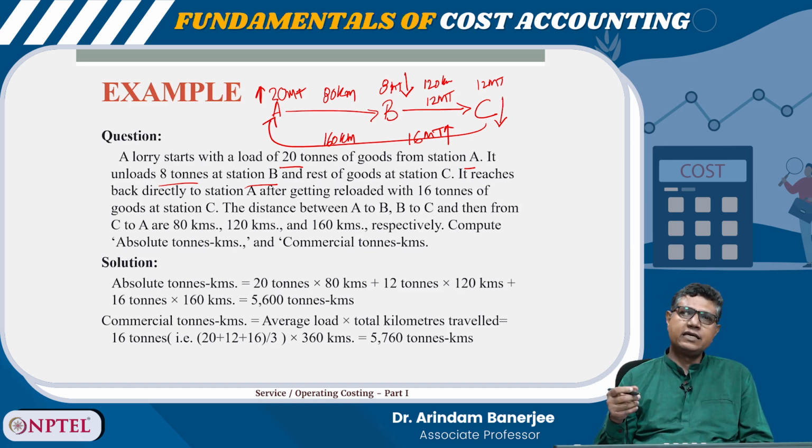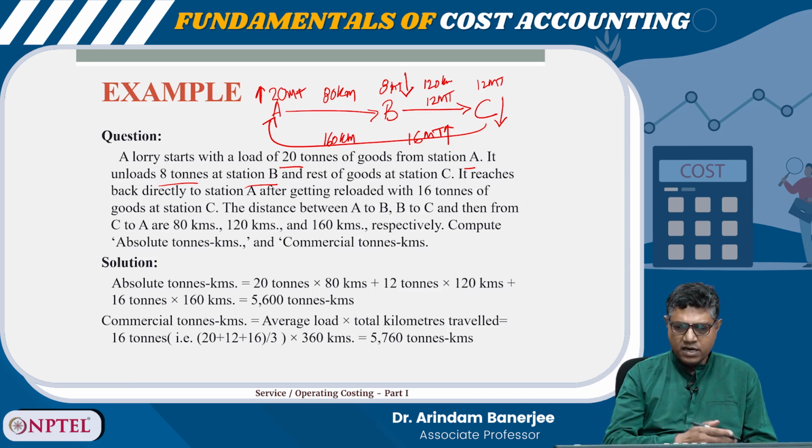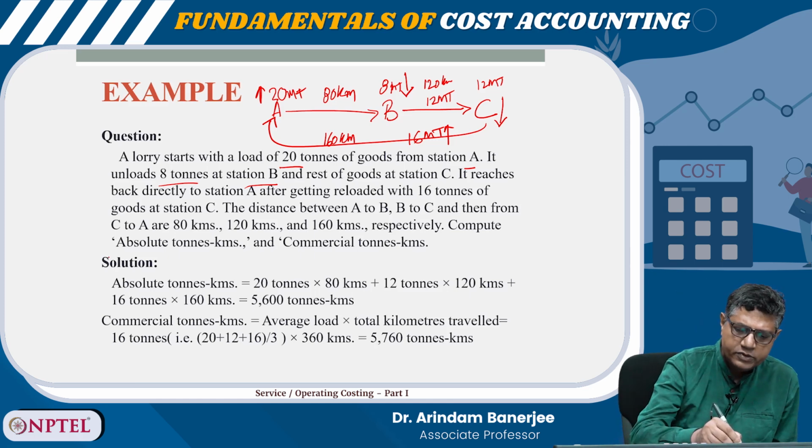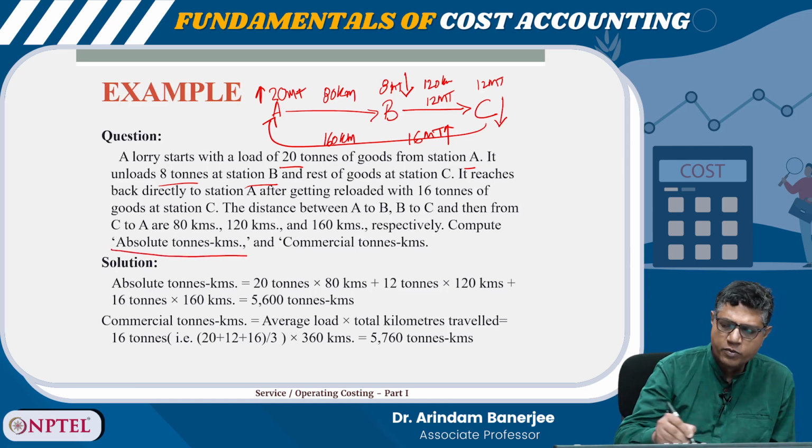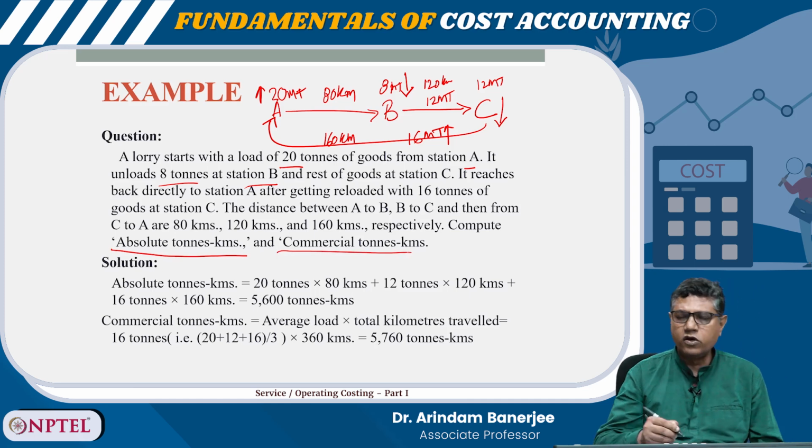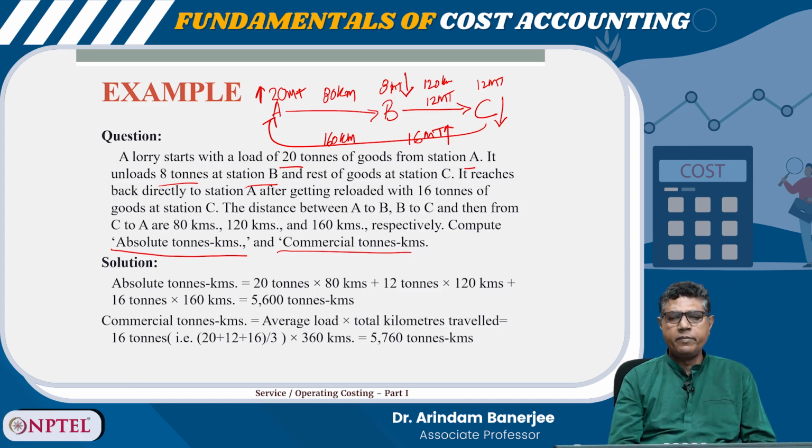At C it gets completely unloaded and takes up 16 metric ton load and comes back to A after traveling 160 kilometers. The question is: compute absolute ton kilometers and commercial ton kilometers.